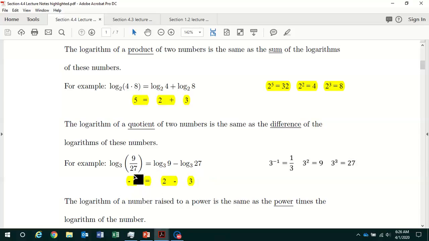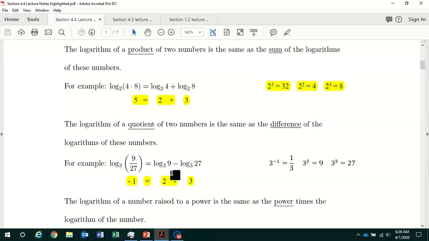Well, on the left, 9/27 simplifies to 1/3, right? 9 is divisible by 9 once, and 27 is divisible by 9 3 times. So 9/27 is equal to 1/3. Well, log base 3 of 1/3 is equal to -1, because 3 to the minus 1 power is equal to 1/3. So now we've got to show the difference of these 2 logs is also equal to -1.